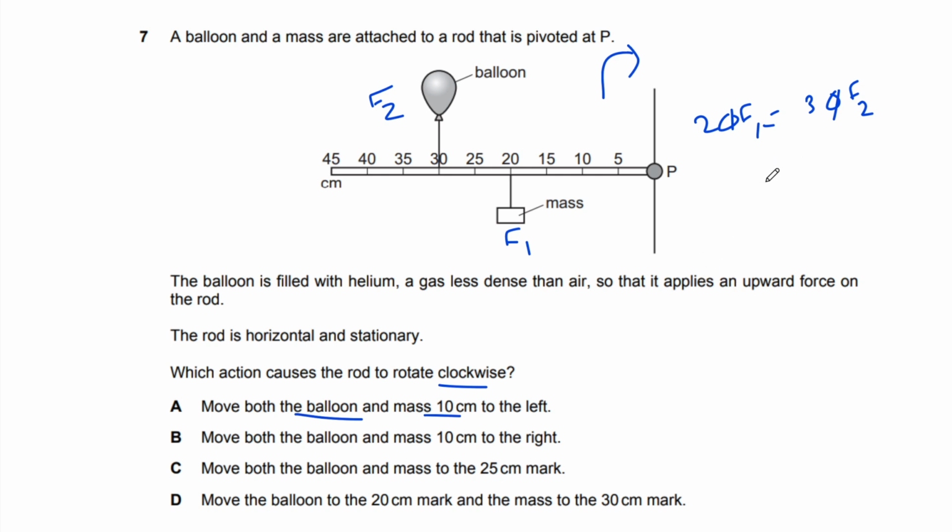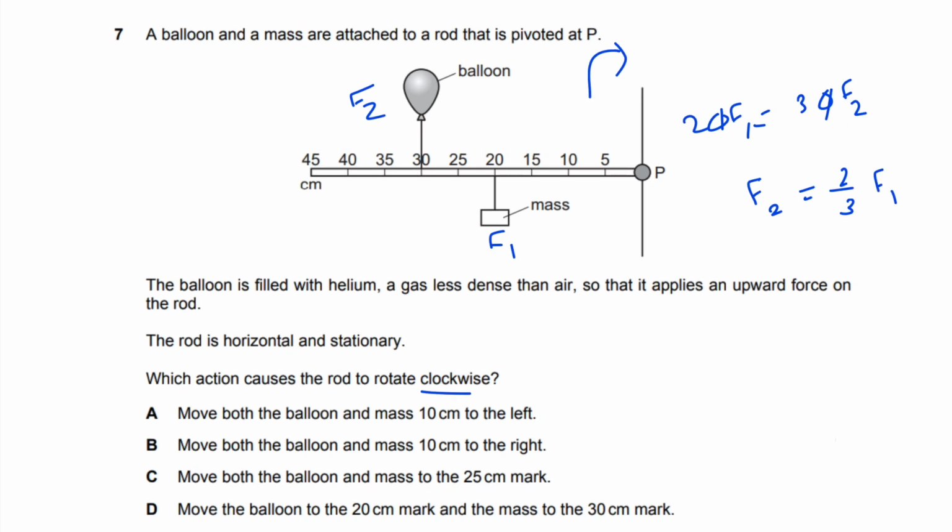So we can see this relationship. We want F2 to be larger, so we'll make it the subject. So that will be 2 by 3 F1. So when the moment caused by this F2 is greater than the moment caused by F1, then we know that it will rotate clockwise.